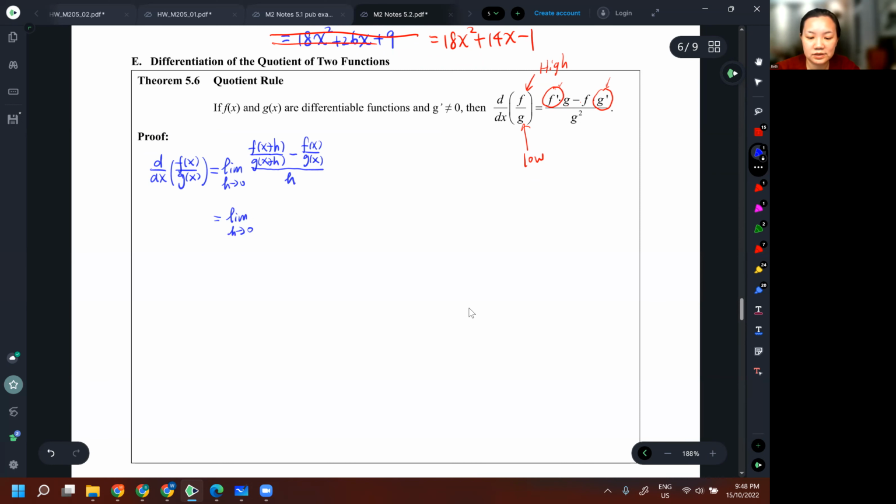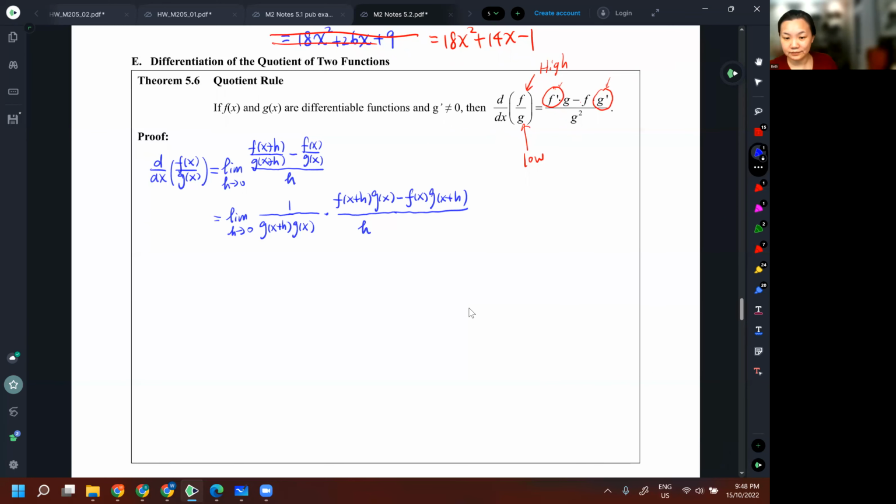Now this one you will see it's g, and then h, f g minus f g. Okay, now you can already see.